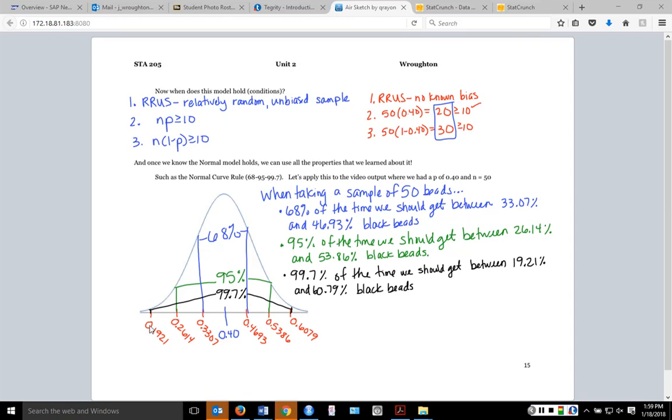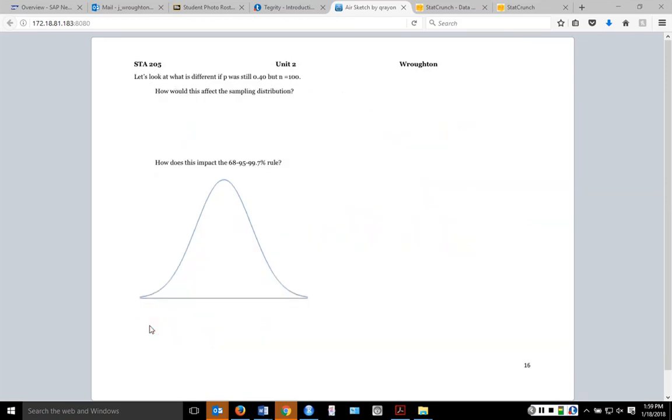So, what would change if p was still 0.4, but n was now 100? How would this affect our sampling distribution? First, how would it change our conditions? Well, it doesn't change how our sampling was done, so that's still okay. Now, n is different, so n times p is going to be a little bit different.